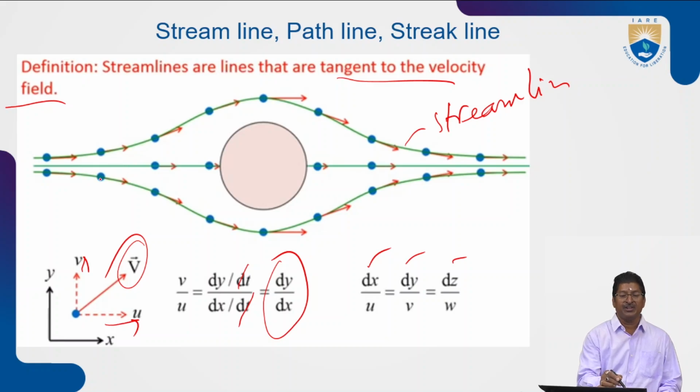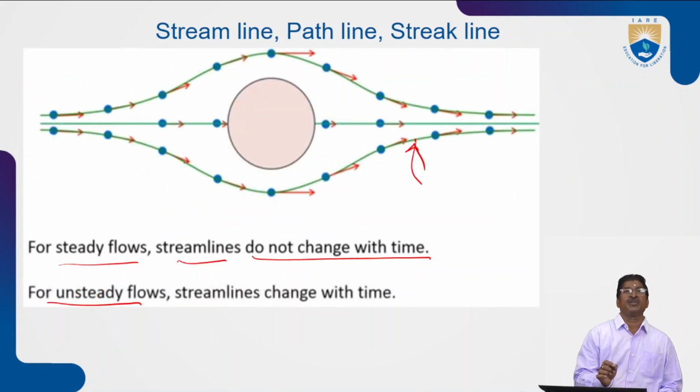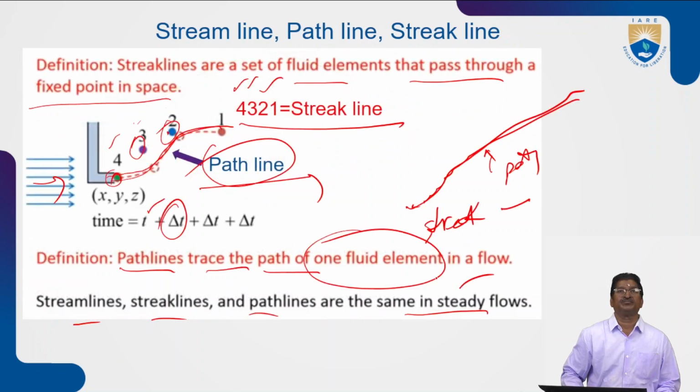This line is an imaginary line, nothing but the line joining the velocity vector points, tangential to the velocity vector points. So that is the streamline here. dx by u is equal to dy by v is equal to dz by w. In steady flow, streamlines do not change with time, and in unsteady flow, streamlines change with time.